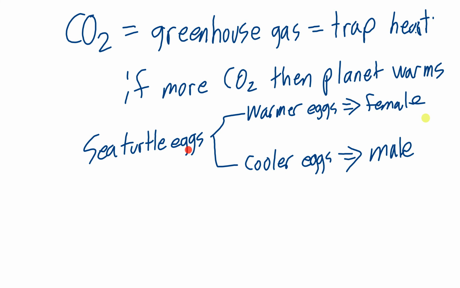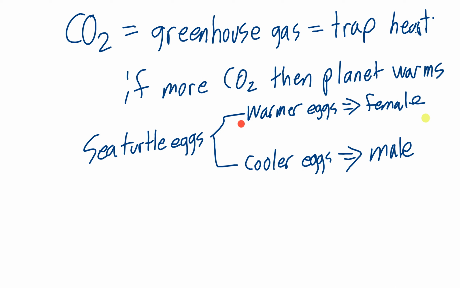Okay. Now, if the sea turtle eggs are warmer as they develop inside the egg, they're more likely to be female. And if the nest is cooler, they're more likely to be male. And so then the question is, if the planet continues to warm up because of the increased carbon dioxide, what effect would that have on the sea turtle population?